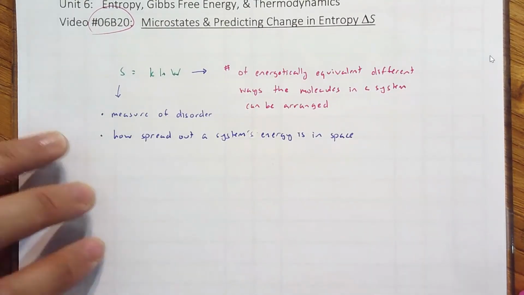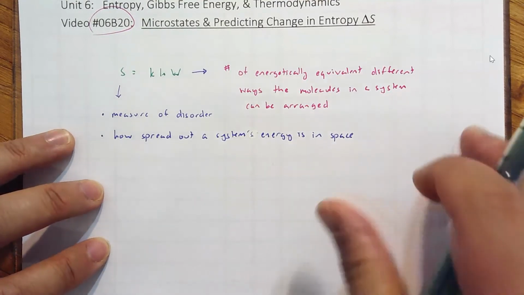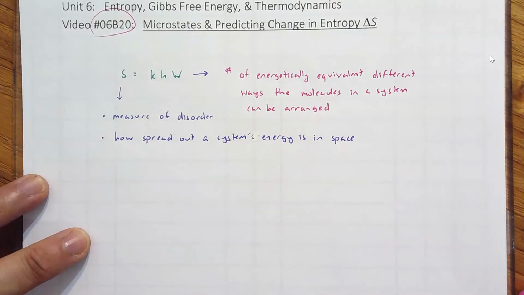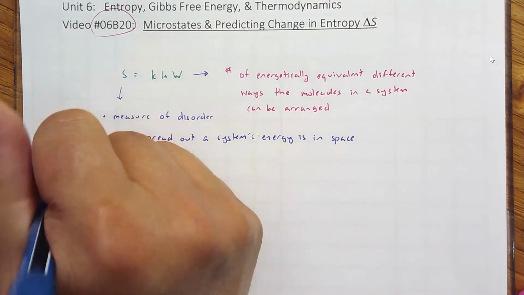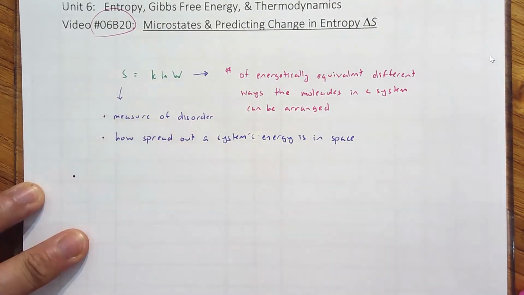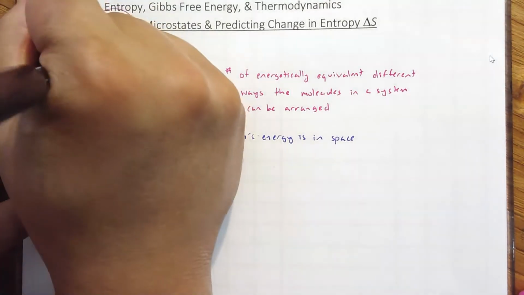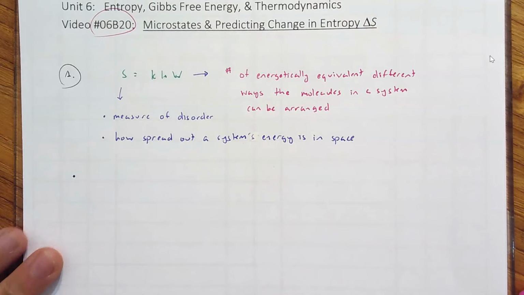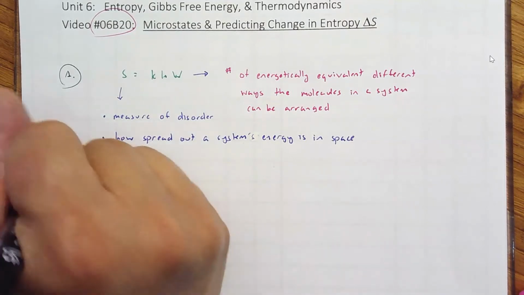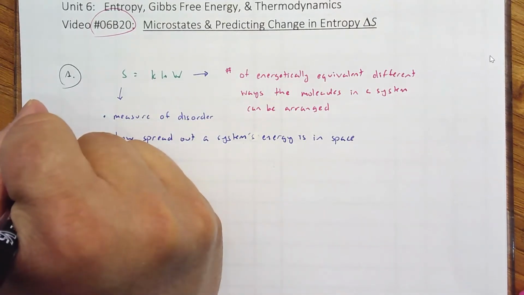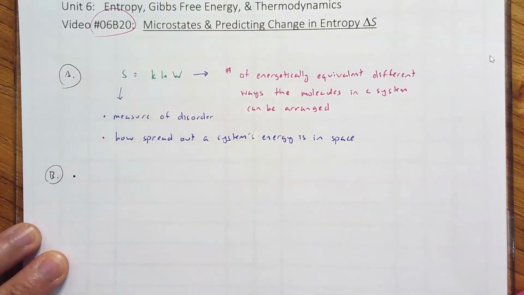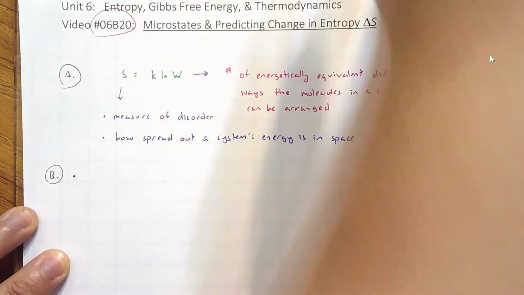Now, let me give us the definition for microstates. And actually, before we do microstates, there's something called macrostates. Oh, shoot. So this is A. A was a short review. Now we'll call this B. B, let's talk about macrostates.